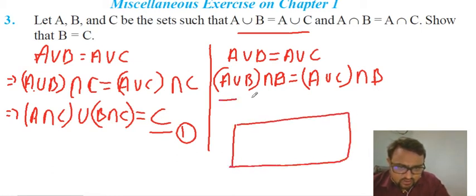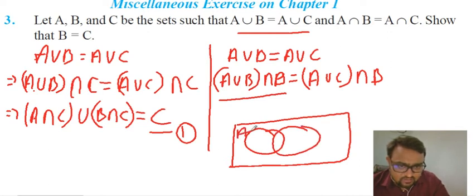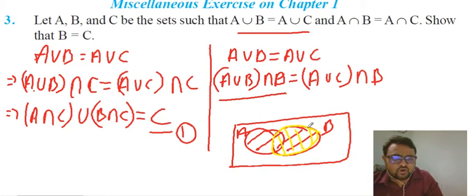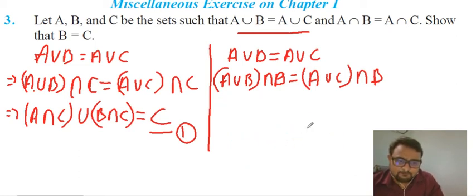This is A, this is B. First is A union B and then intersection B. So only B. Clear? So now what is common in both? B is common. The answer on the LHS will be equal to B. So I will write it down as B.